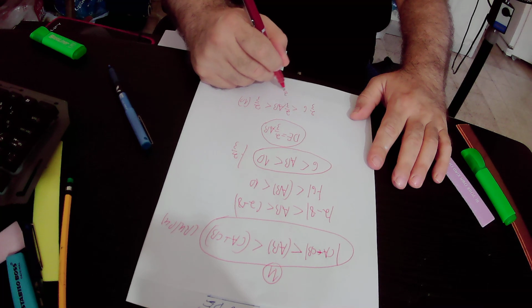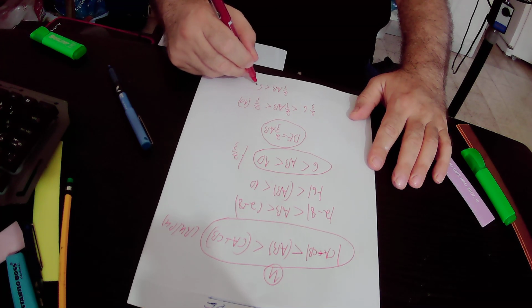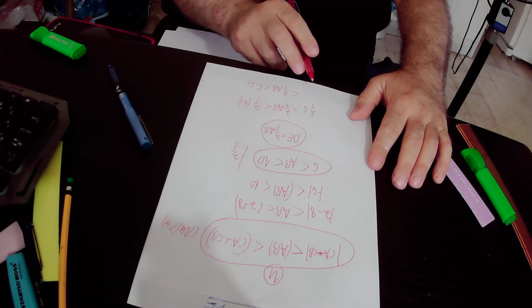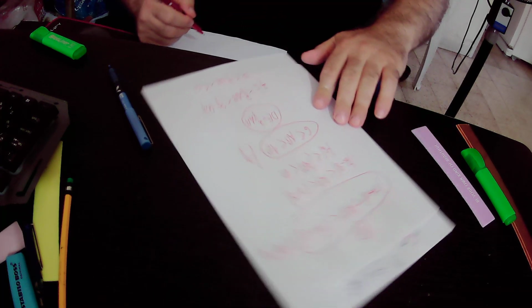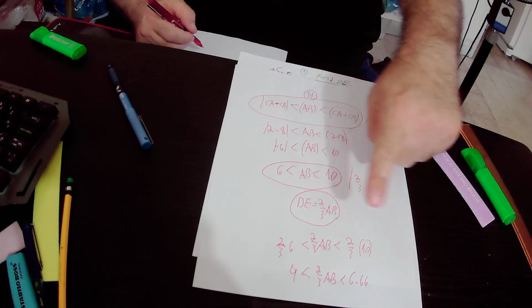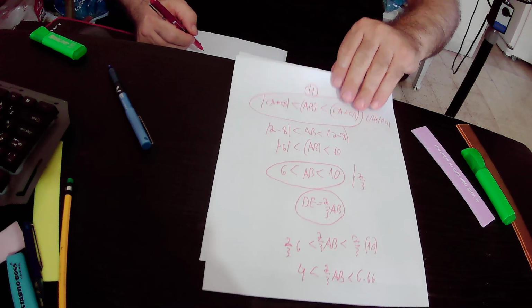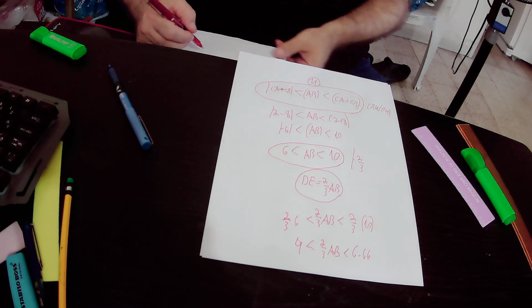So actually 2/3 AB is smaller than 2 times 10, which is 20, and 20 over 3 is 6.66. And it is bigger than 2 times 6, which is 12, and 12 over 3 is 4. So we actually found out that 2/3 AB is greater than 4 from one side, but from the other side, 2/3 AB is smaller than 6.66.